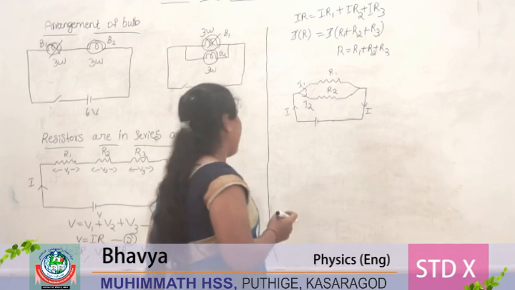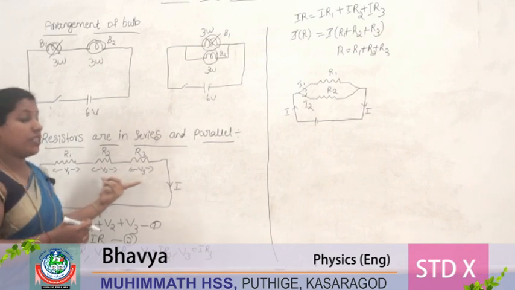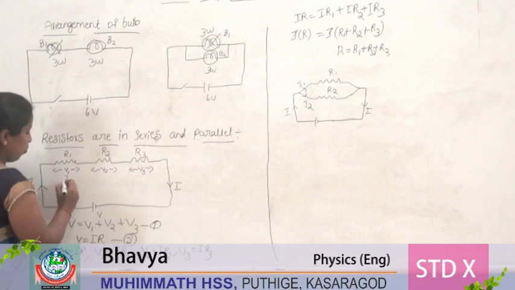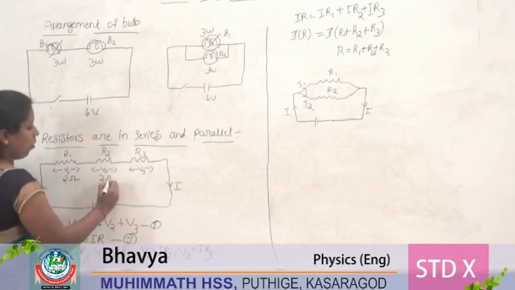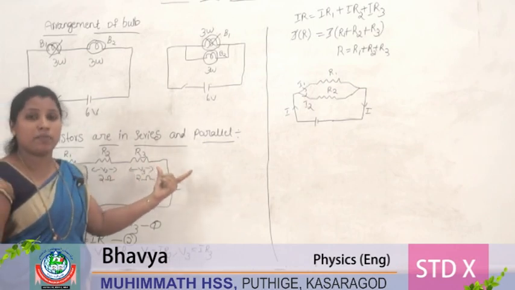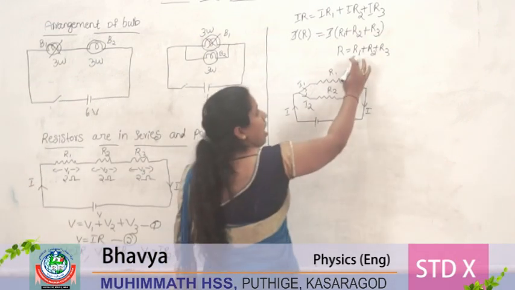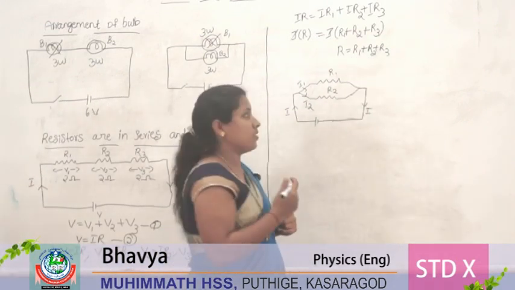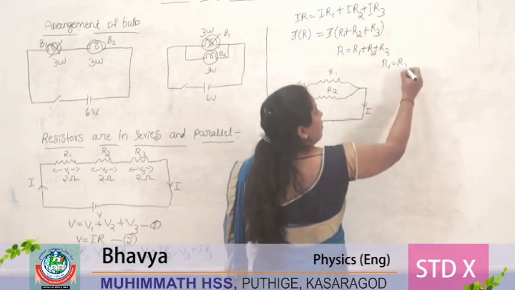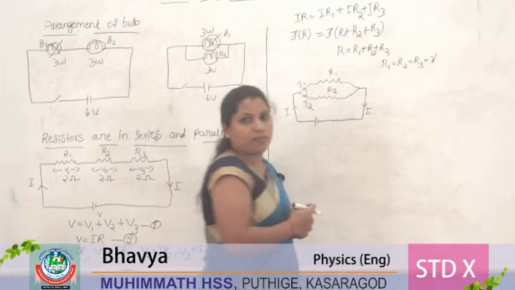If n number of resistors are connected, and all have the same resistance, we can calculate the effective resistance easily. R1, R2, R3 all have the same resistance, so we can write R1 is equal to R2 is equal to R3 is equal to small r.